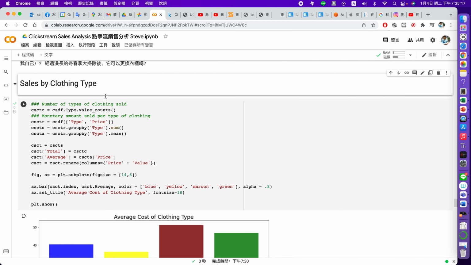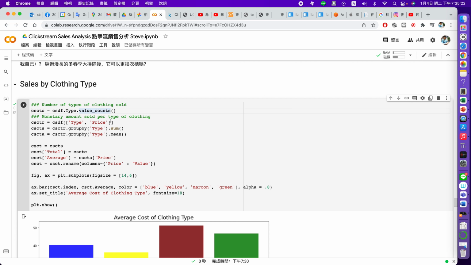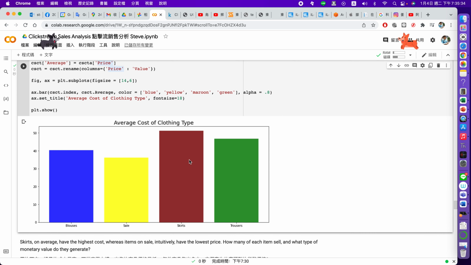We specify the value count, and we specify the type with the price. So we can calculate the amount for each type of clothing. Here you can see the average cost is highest for the skirt. The average cost is much higher than the rest of the types. The skirt has the most expensive unit price.